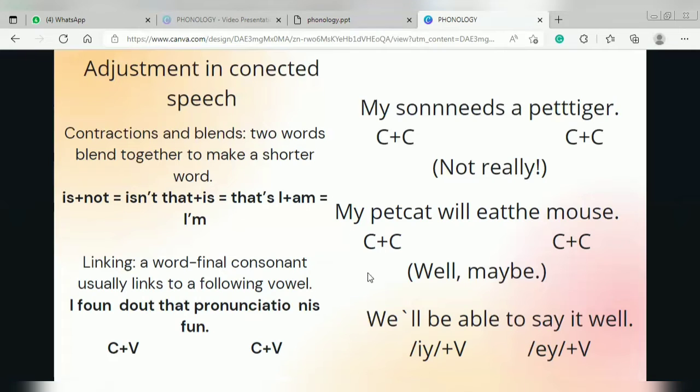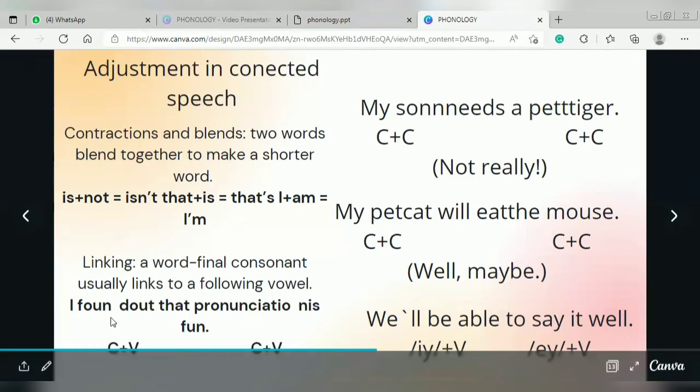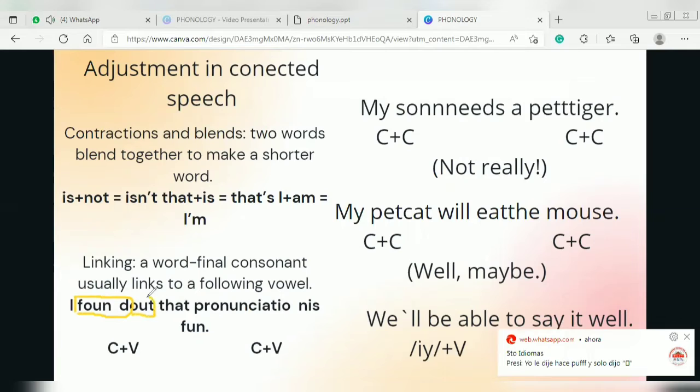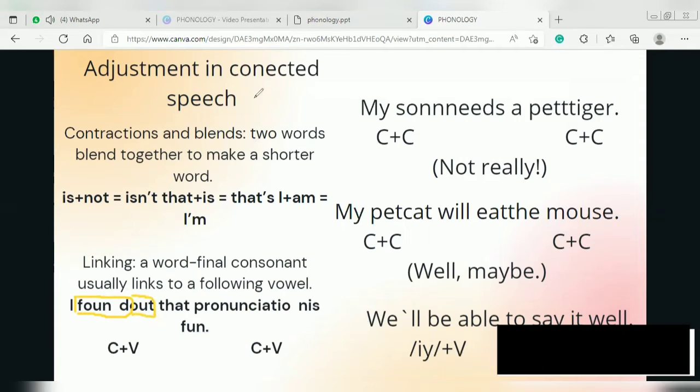For example, we have a sentence with two words: found is one word, and out is the second word. The rule says that a word-final consonant usually links to a following vowel. The pronunciation of this is "I found out."